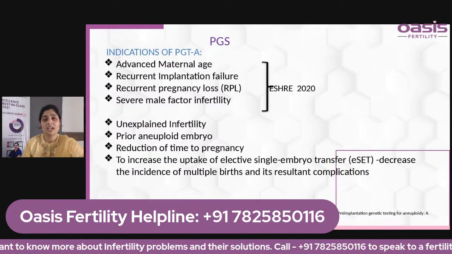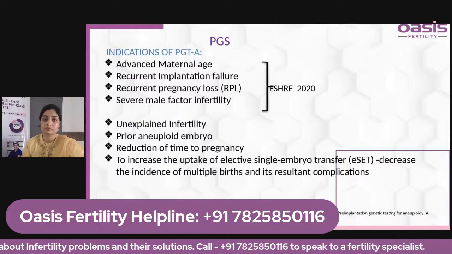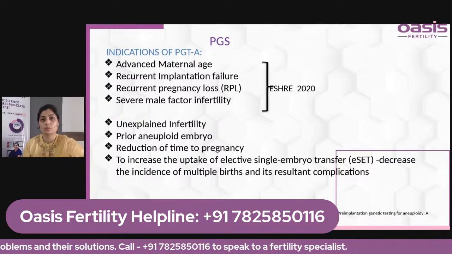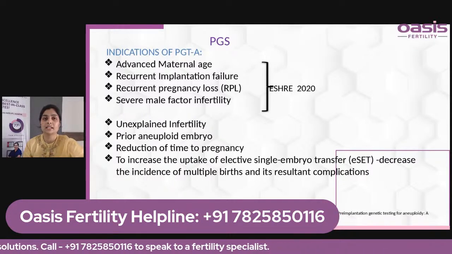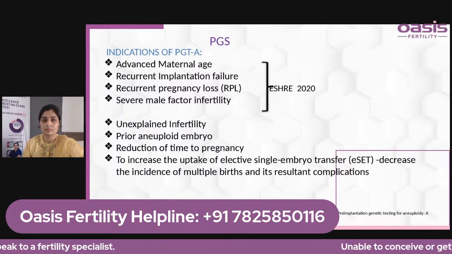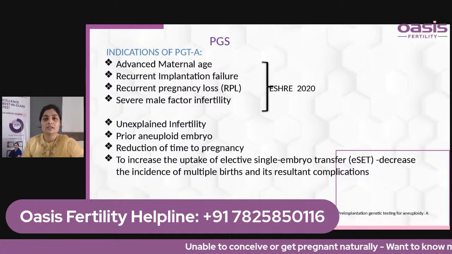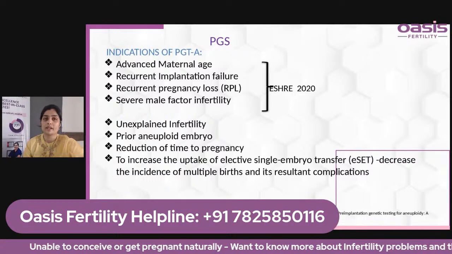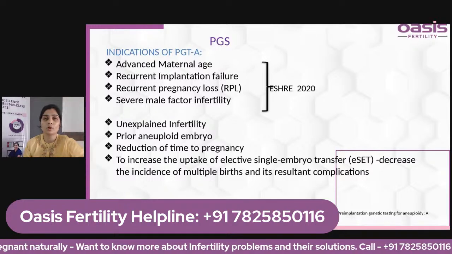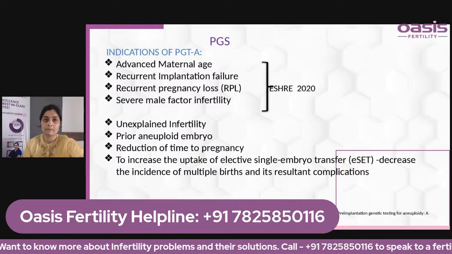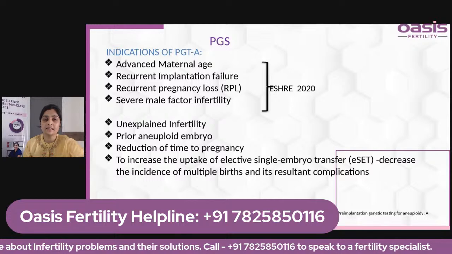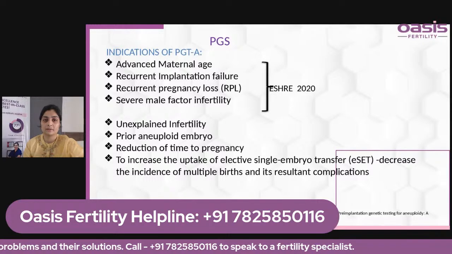So is PGTA indicated for every couple? Again, the answer is no. There are a few certain indications for which the PGTA is advised. The first is maternal age. As the age advances, the aneuploid rate, that is what I explained regarding the number of chromosomes, increases and the euploidy status gradually decreases.